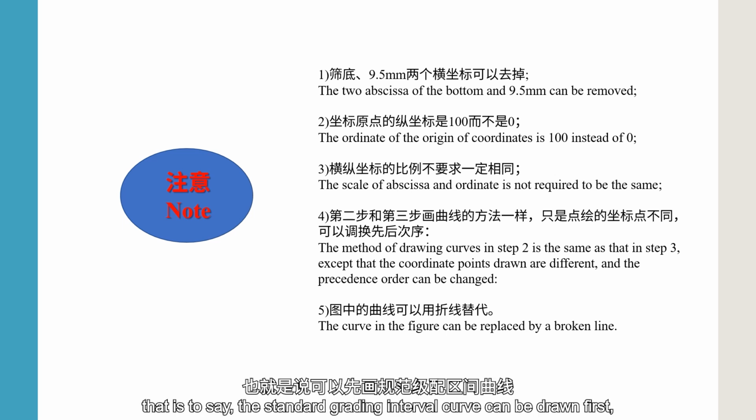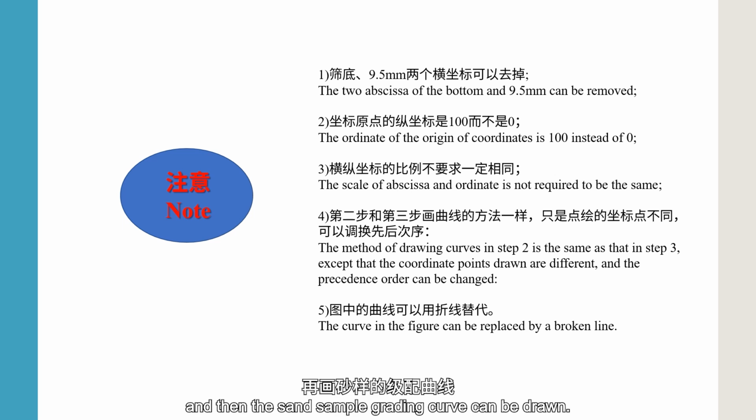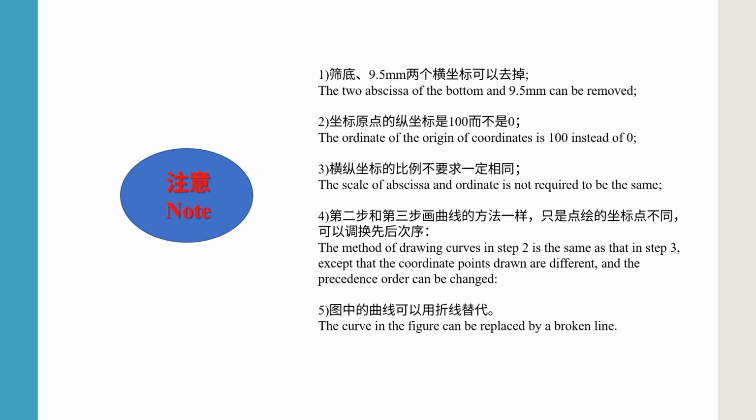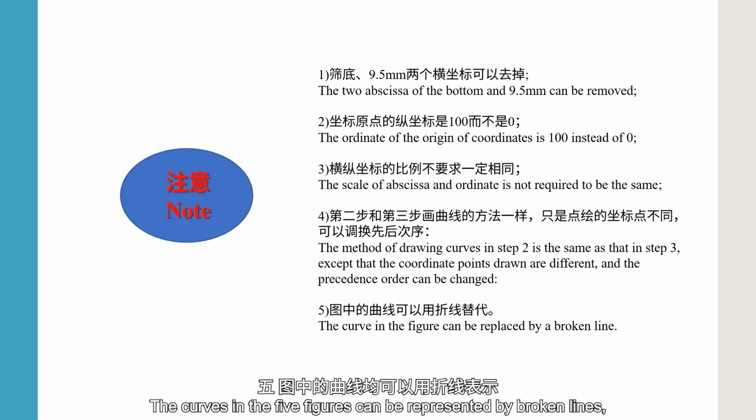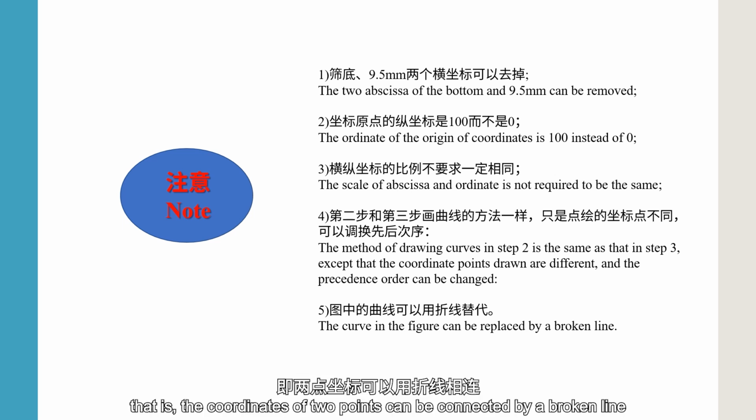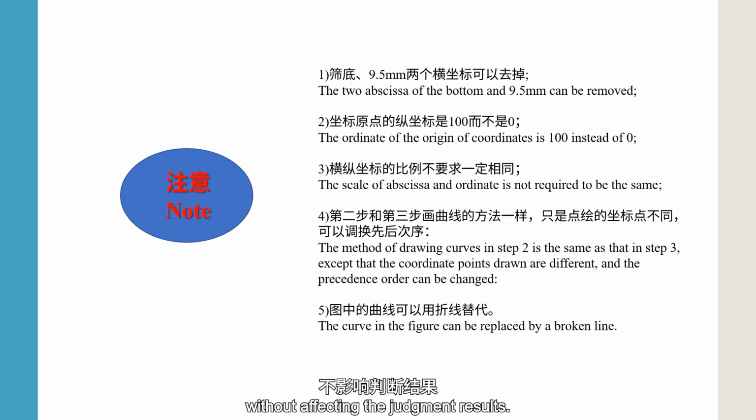That is to say, the standard grading interval curve can be drawn first, and then the sand sample grading curve can be drawn. The curves in the figures can be represented by broken lines. That is, the coordinates of 2 points can be connected by a broken line without affecting the judgment results.